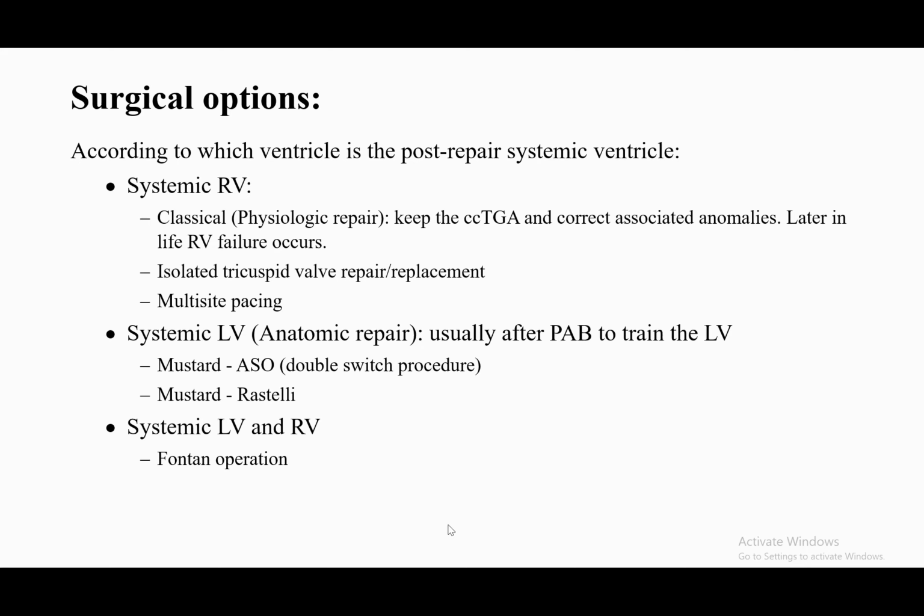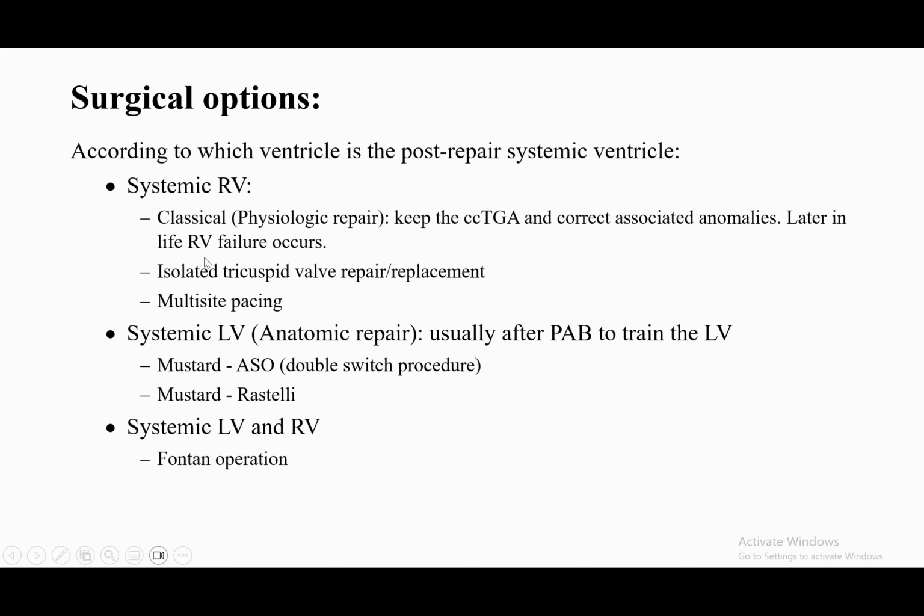Surgical options depend on which ventricle is the post-repair systemic ventricle. So, if the RV remains the systemic ventricle, this is a classical or physiological repair in which we keep the ccTGA and we correct the other anomalies.